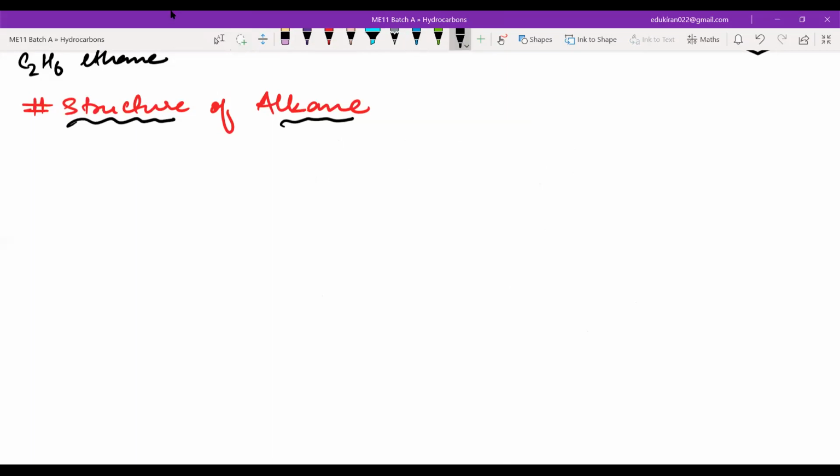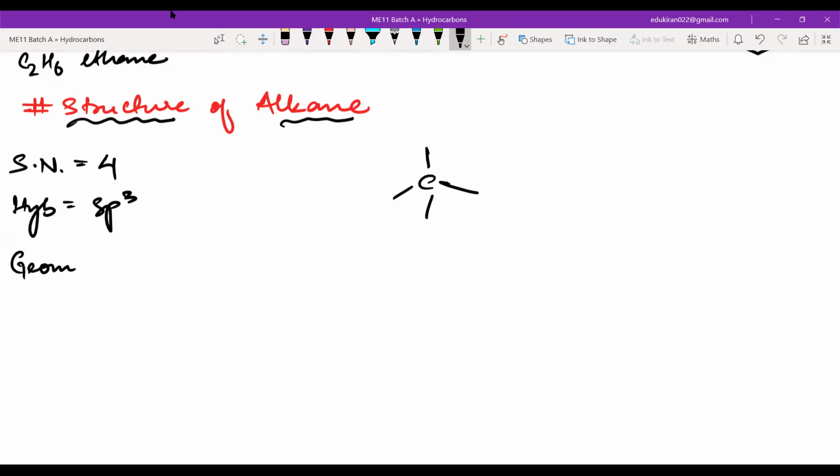The carbon has 4 bonds, and all 4 bonds are single bonds. So the steric number will be equal to 4. The hybridization will be sp3, and the geometry will be tetrahedral.